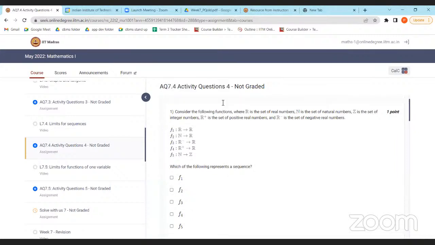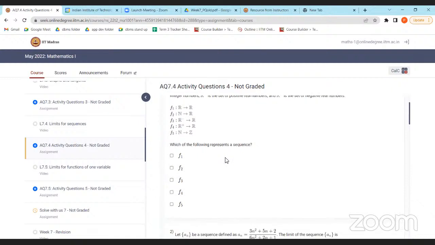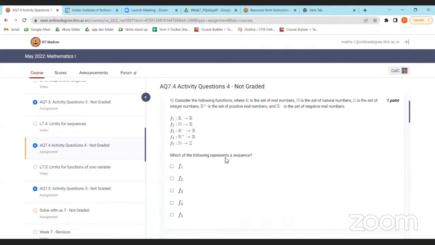So you can consider the function from real numbers and natural numbers. Which of the following represents a sequence? I just told the two important things whenever you are finding the limit of sequences: you have to take the limit of that particular variable as n tends to infinity, and that n should be a natural number.